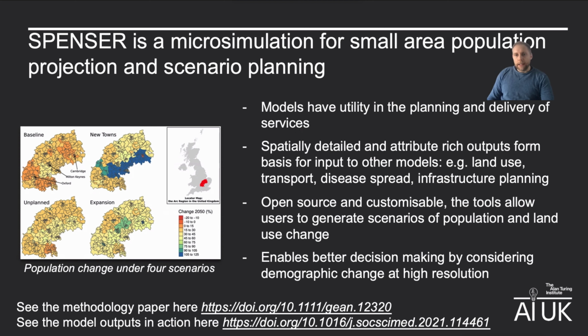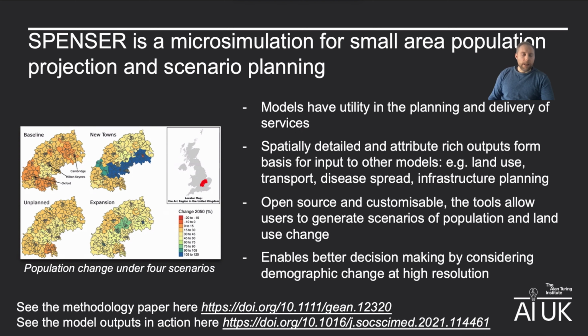And more broadly, these models can be used in looking at infrastructure planning. So the figure that you see on the left-hand side of the slide is a range of scenarios under 4 different scenarios of change within an area of England. So there are 4 scenarios: a baseline, a new towns development, an unplanned development, and an expansion development.